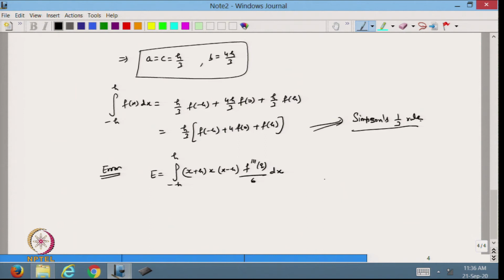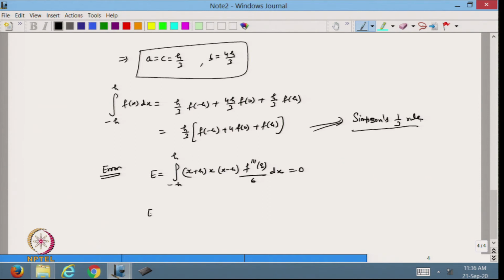Now, if I remember from the Simpson 1/3 rule, I know that this value is going to be 0, because the Simpson 1/3 rule is also giving exact results for a cubic polynomial. So, this will be equal to 0.